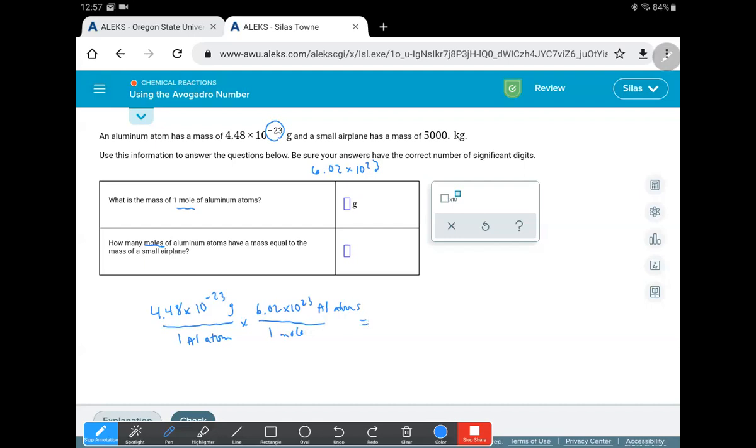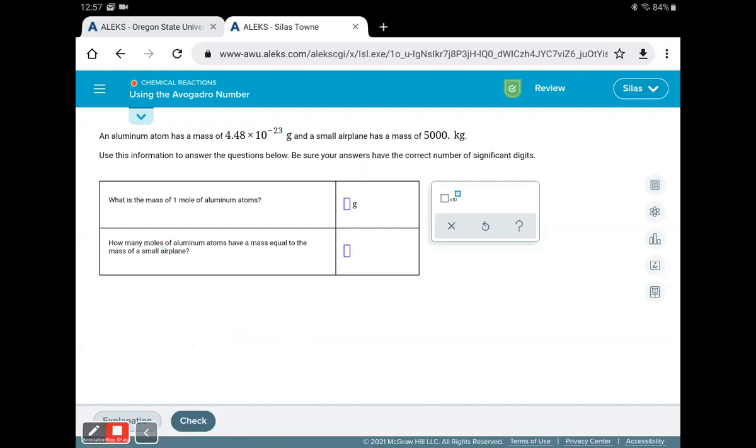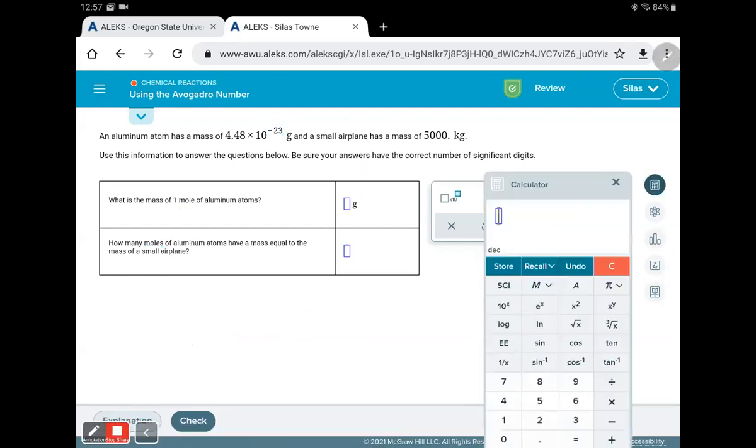So I'm going to do that math. I'm going to go 4.48, and use my EE button on my calculator. Yep, there it is. So 4.48 EE, times 10 to the negative 23rd. Multiply that by 6.02 EE times the 23rd.